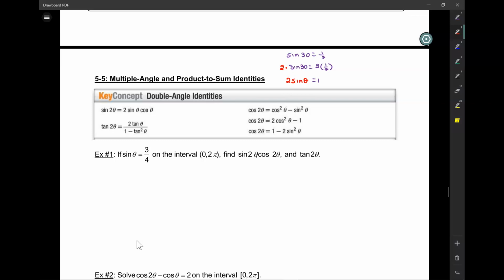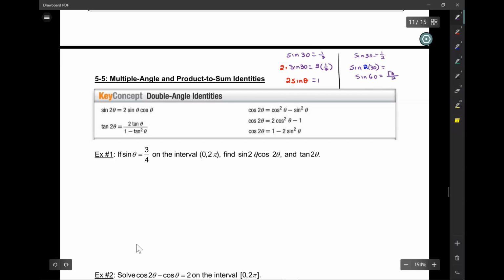Nothing new. Now, what if, again, I had sine of 30 equals 1/2, but now I asked you, what is sine of 2 times 30? Well, now it's sine of 60, right? Which is root 3 over 2.